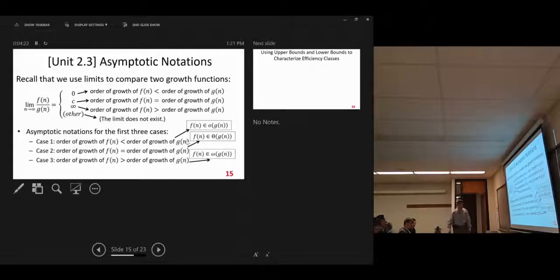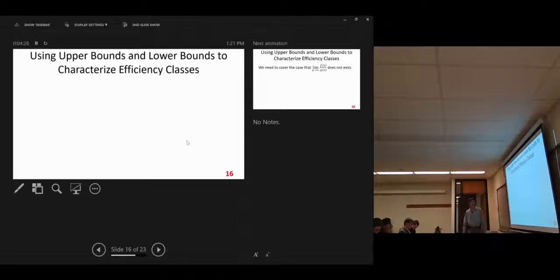Next, we need to go to the other case, the harder one. This time the limit cannot tell us anything. The limit does not exist. We cannot use the limit for this situation; we have to use a different way to tell us useful information. What method?